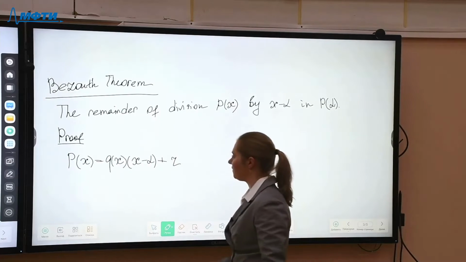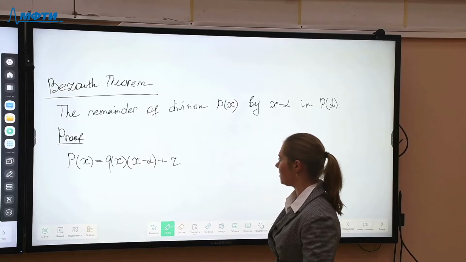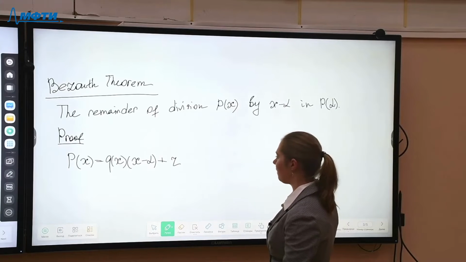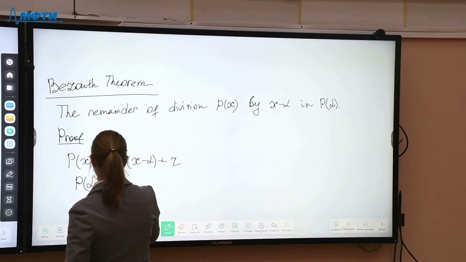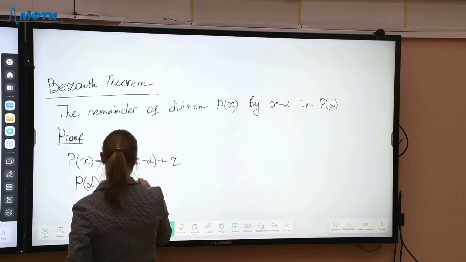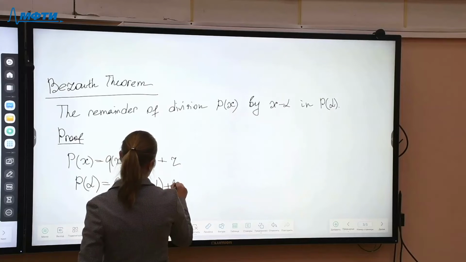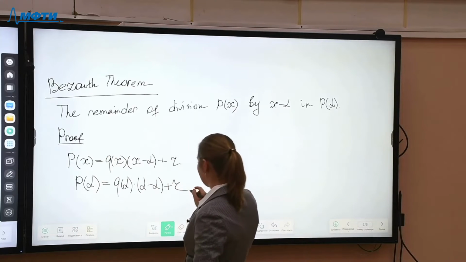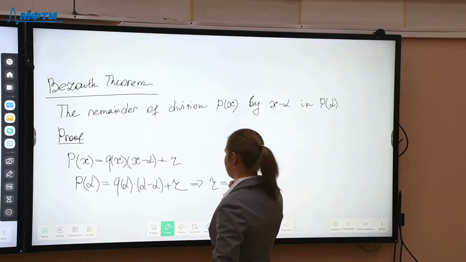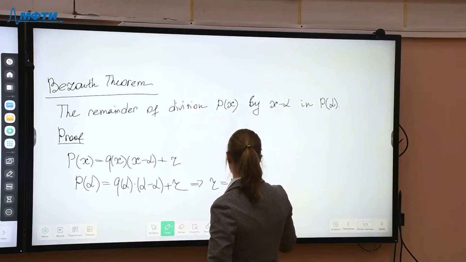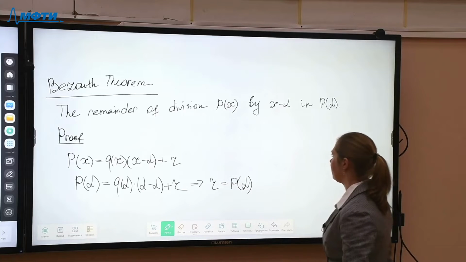And we need to find this r. And if we substitute alpha instead of x, we have p of alpha is q of alpha times alpha minus alpha plus r. Alpha minus alpha is 0, so we have that r is p of alpha. The Bezout Theorem.